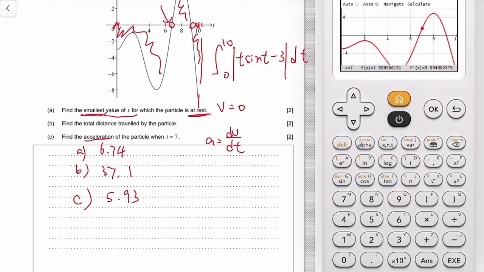Then it also says the derivative is 5.93. Okay. Your calculator might work a little bit differently, but a similar function should exist. It should be able to find the gradient at a particular point of a graph, so you can play around with your calculator to find that.